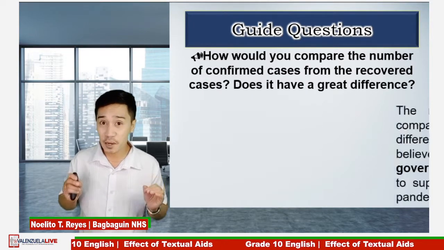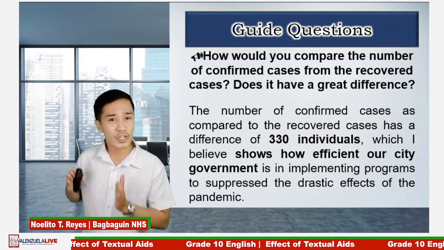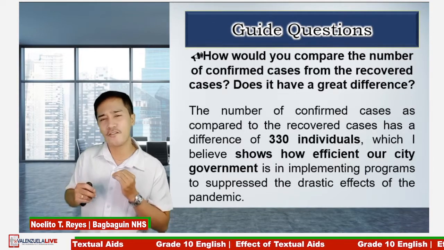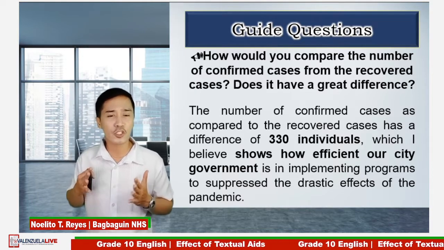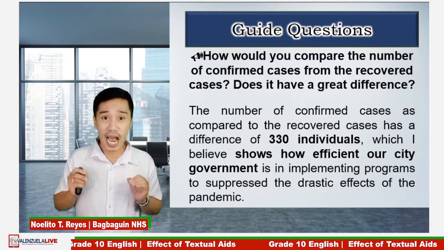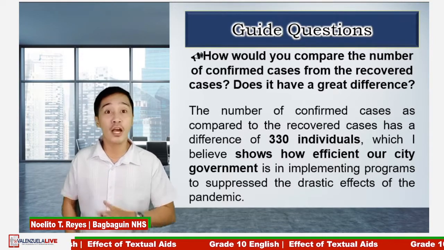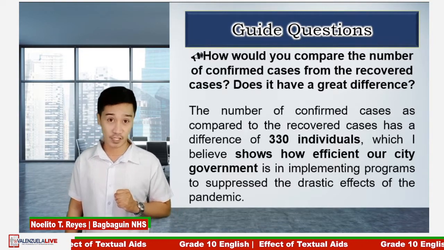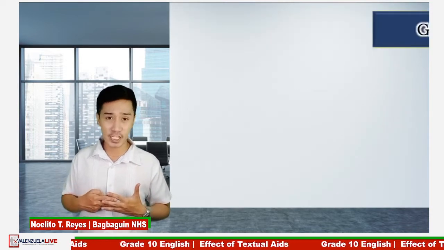Right. The number of confirmed cases as compared to the recovered cases has a difference of 330 individuals, which I believe shows how efficient our city government is in implementing programs to suppress the drastic effects of the pandemic. What can you infer based from this report?